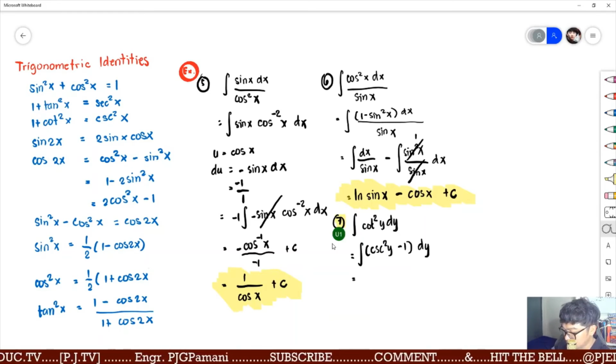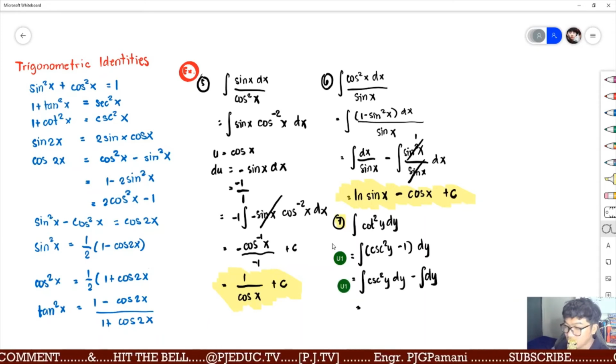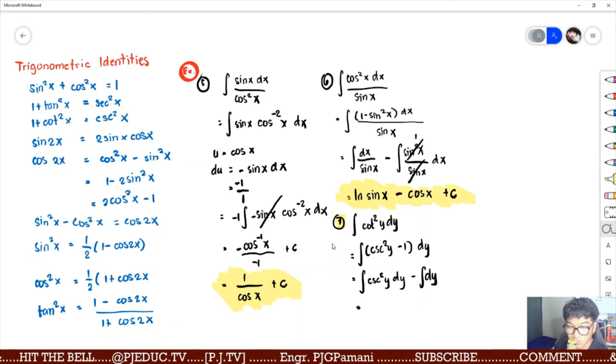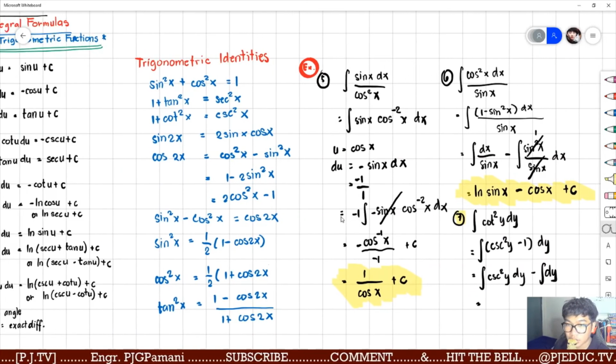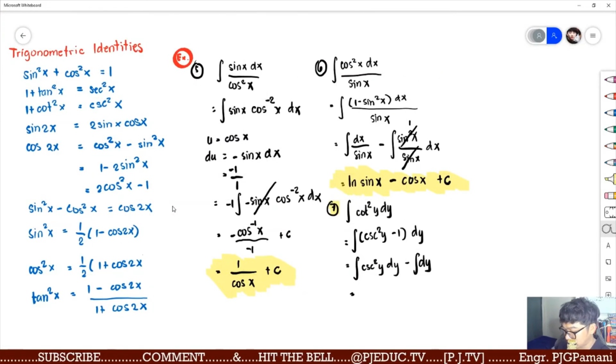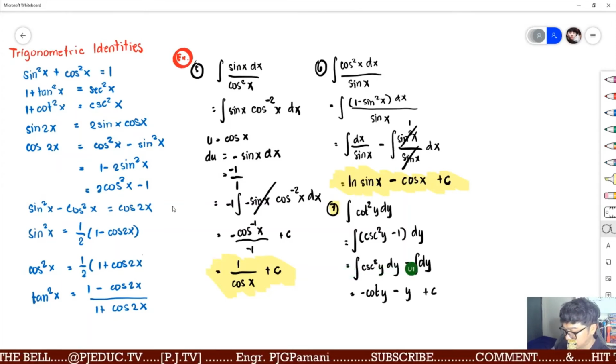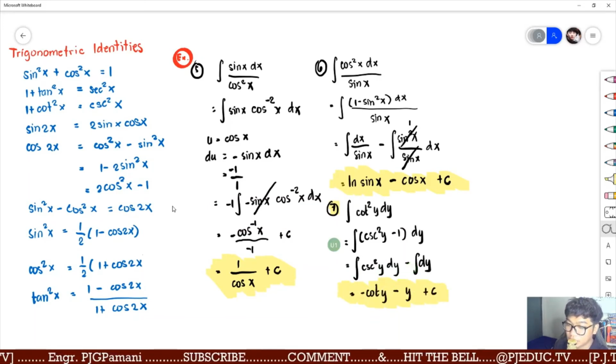Distributing the antiderivative, cosecant squared y dy minus the integral of dy. Simplify, the integral of cosecant squared y. Ano yung integral ng ating cosecant squared y? That is negative cotangent. Negative cotangent y minus y plus c. Ito na naman yung ating final answer.